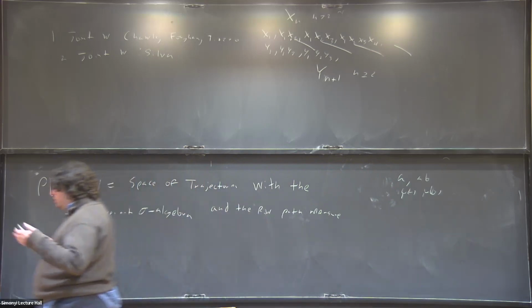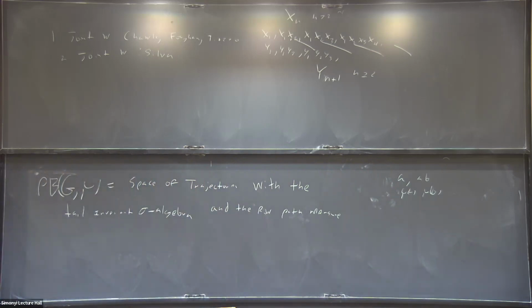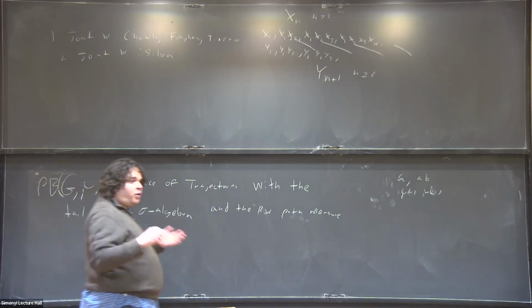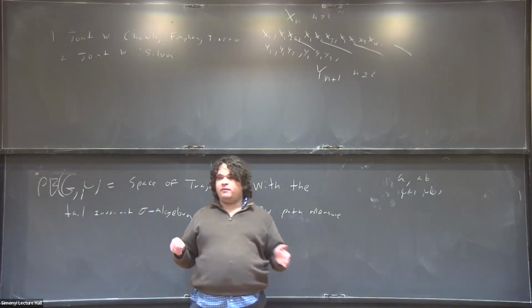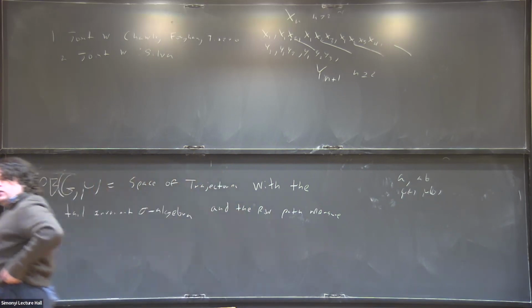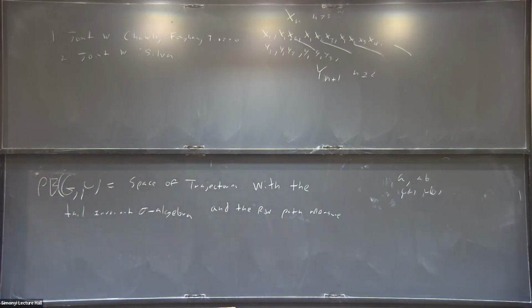But the original motivation that Furstenberg had when he came up with this definition was basically to give a Poisson formula, like in complex analysis, for the space of bounded harmonic functions. So what's a bounded harmonic function?